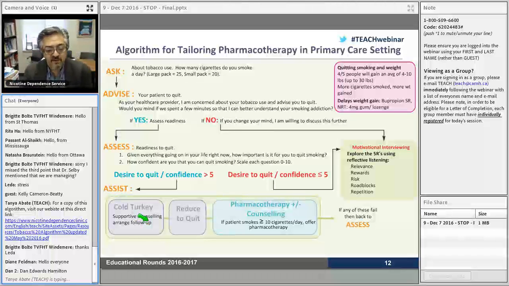The second piece is you have to make a decision with them, which is whether reduction to quit or whether they're going to actually quit abruptly. And for both ways, they can use pharmacotherapy plus or minus counseling. Roughly, we say 10 or more cigarettes a day for those who need pharmacotherapy.